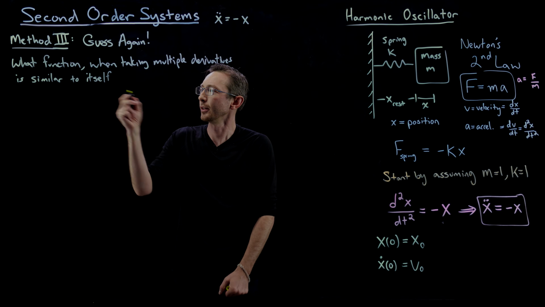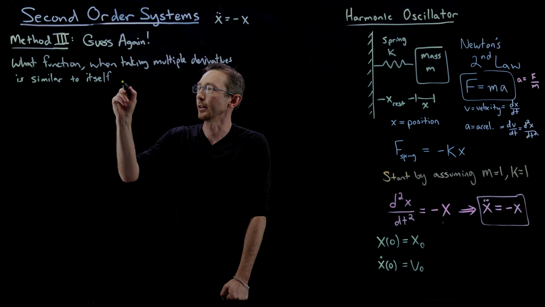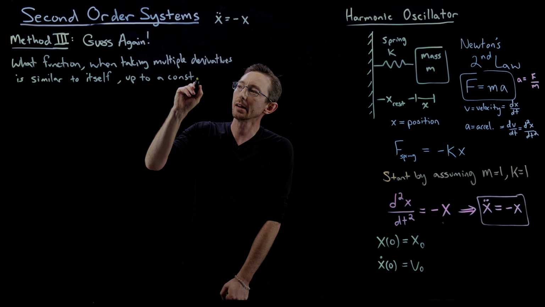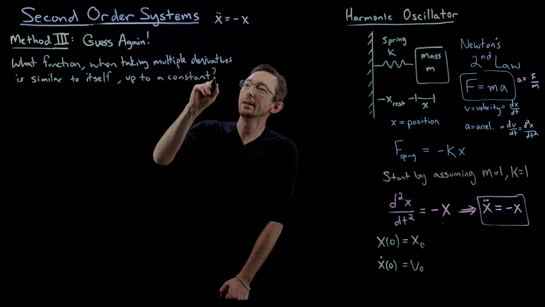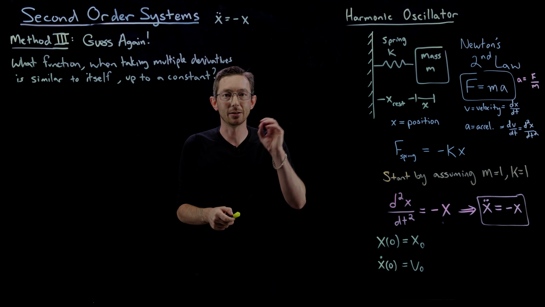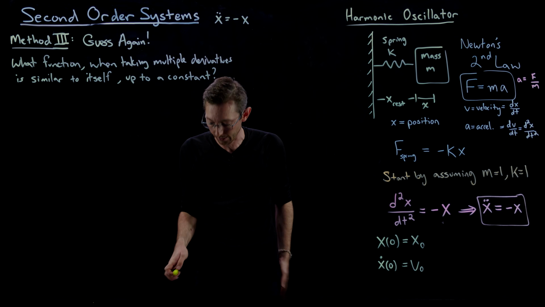Of course, we know that the answer is the exponential function. I can take the derivative of e to the t as many times as I want, and I get exactly e to the t back.